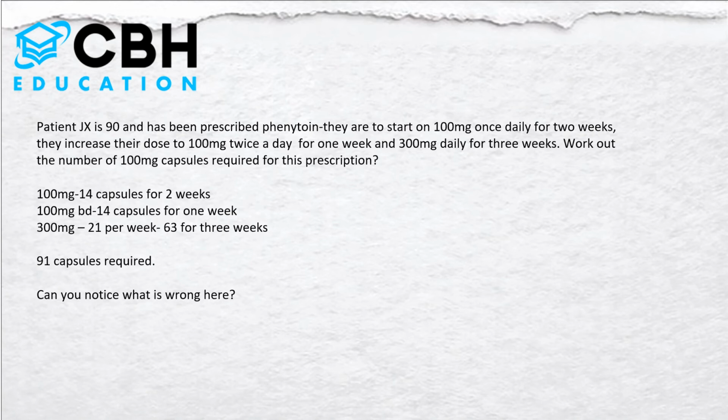So this was actually a real case where a consultant wrote the prescription incorrectly. The patient was 90, they had been tried on lamotrigine, they had been tried on levetiracetam, and basically they kept getting seizures, and they found that phenytoin was the best for them. But what should have happened was the patient should have been given 100 milligram twice a day for 3 weeks, and then start on the 300 milligram dose for 1 week and then be reviewed.